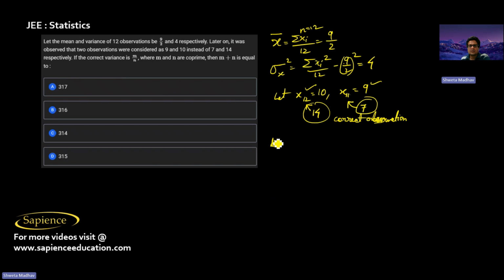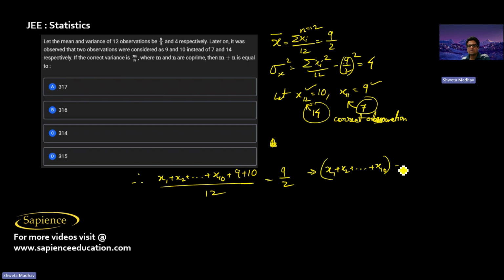Okay. Then the correct variance, let it be, okay. Therefore, I can say that summation xi means x1 plus x2 plus till x10 plus 9 plus 10 divided by 12. That is given as 9 by 2. So it means x1 plus x2 plus dot dot till x10, the sum of the first 10 observations, would be equal to 9 by 2 into 12 minus 19.